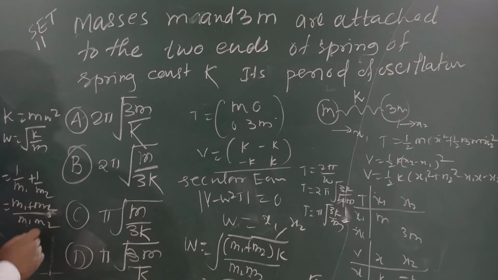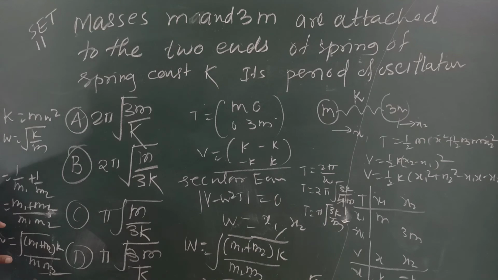Substitute this value, then omega becomes root of m1 plus m2 times k upon m1 m2. Means we can find out the omega value. Substitute T is equal to pi by omega, getting the answer.